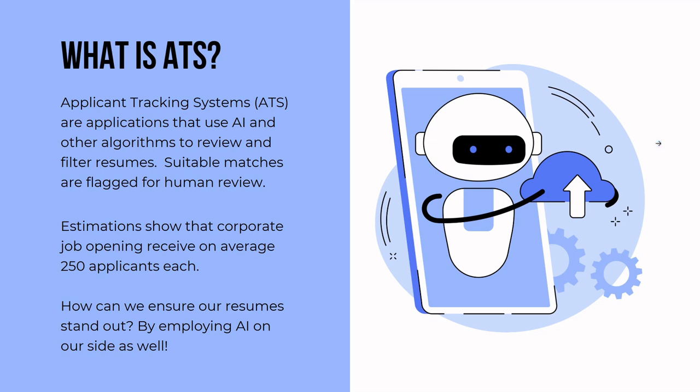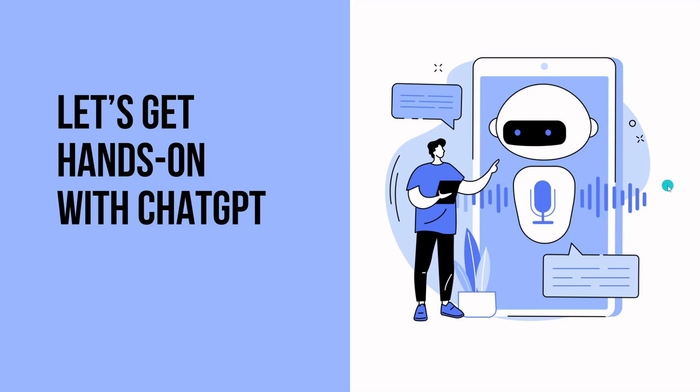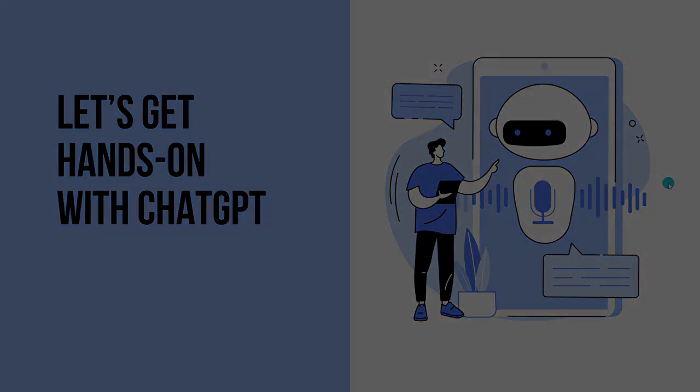So how are we going to stand out? We're going to stand out by making sure that we have a really high scoring resume based on these ATS rubrics that we're going to generate in the second half. Now we will get onto the hands-on portion with ChatGPT. So stick around.